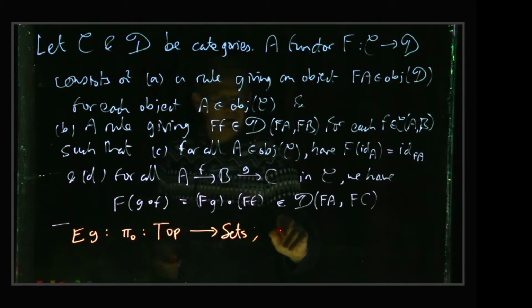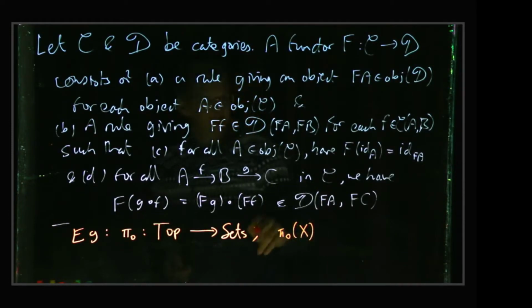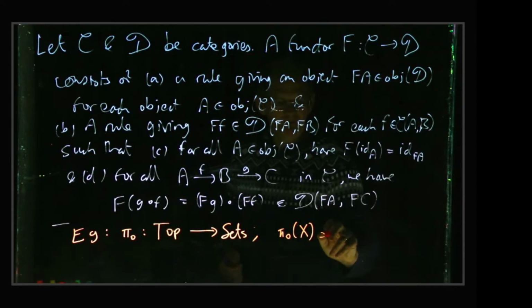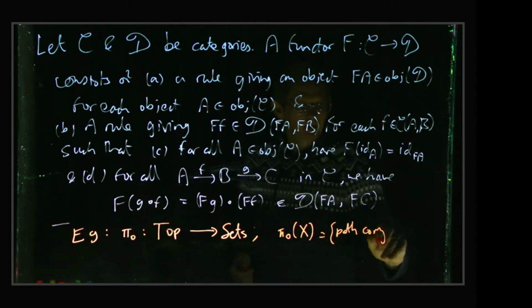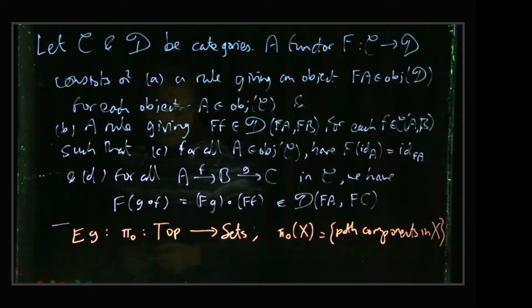So pi0 of a space X is the set of path components. We've discussed a whole bunch of stuff about that in earlier videos.